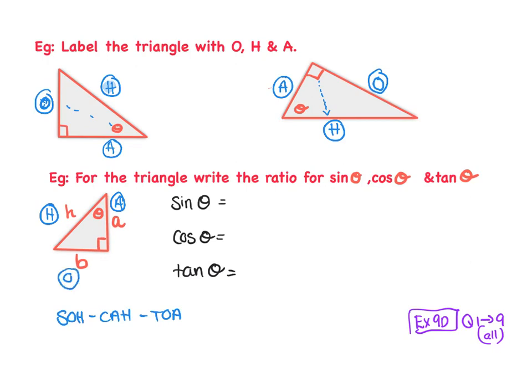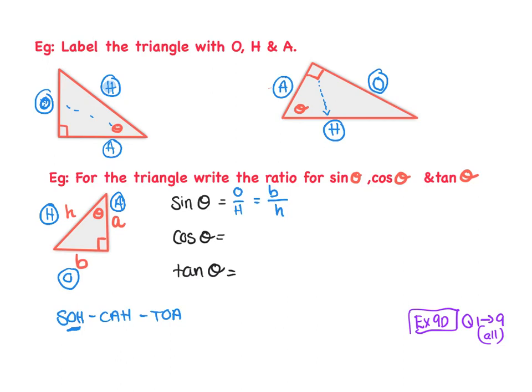If they ask me to write the ratio for sine theta, you know from this rule that it's O over H, which equals, in my diagram, what is O? Oh, it's a B, sorry. And what's H? Little h. That's all you have to write.